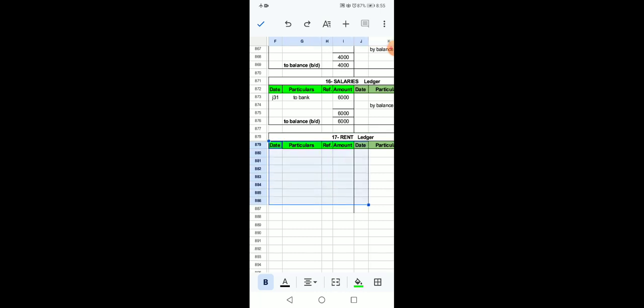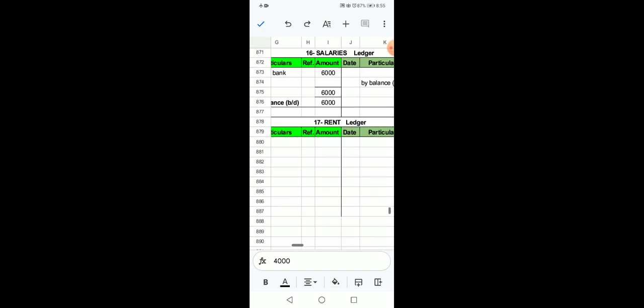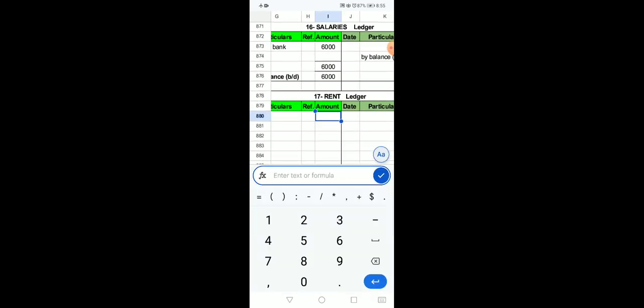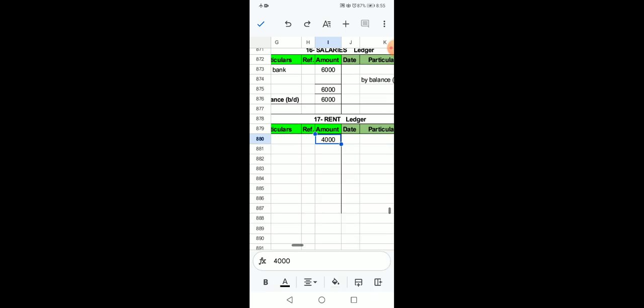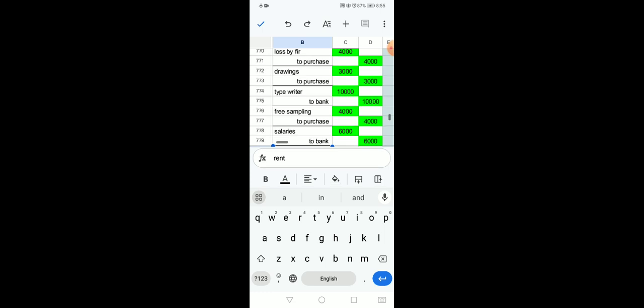All headings for the new ledger are similar. We are making the ledger for rent. It is debited by 4,000. So go to the ledger of rent, choose the debit side and write down 4,000.